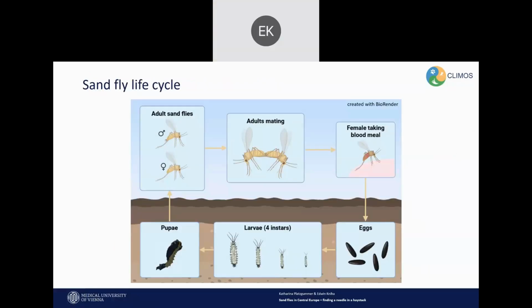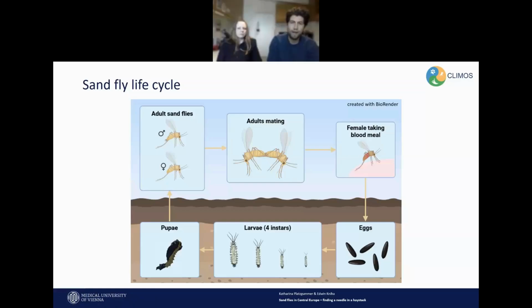Looking at the gonotrophic cycle, it starts with two adult specimens, a female and a male, that are mating, and the female needs to take a blood meal in order for the eggs to develop. And then the cycle continues in soil, so it is strictly terrestrial. You can see that here.